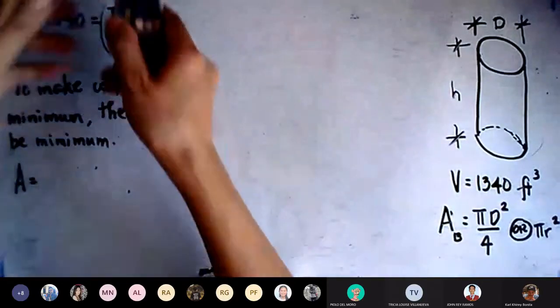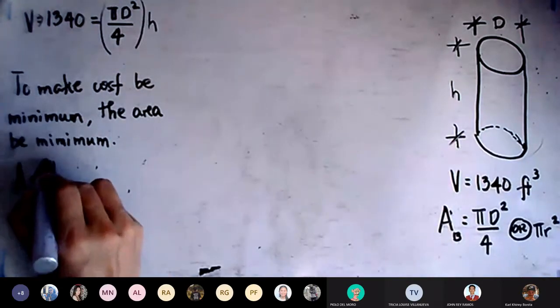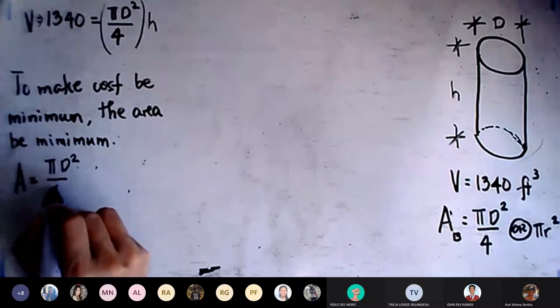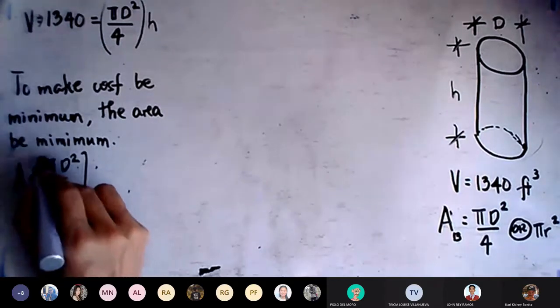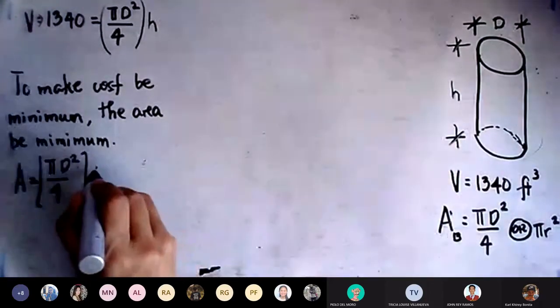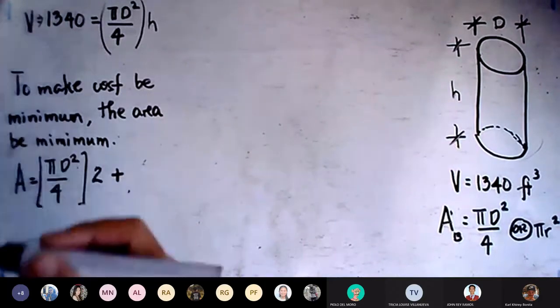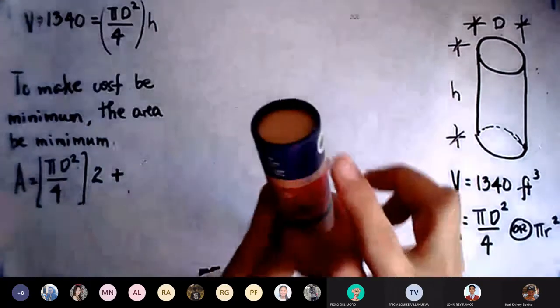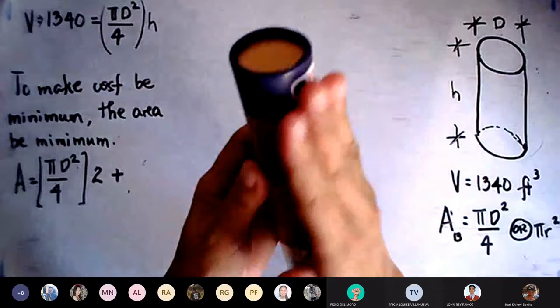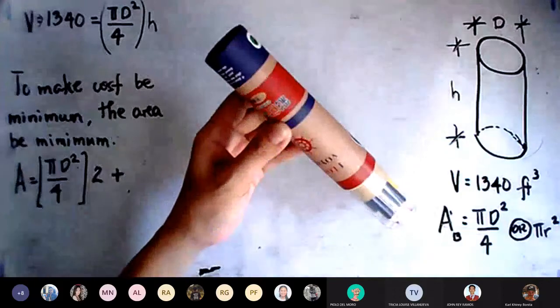So that would mean also that if you are going to set the area at a minimum, then we are going to use the area of the base, which is pi d squared over 4. But take note, there are two bases here, at the top and at the bottom. So we are going to multiply it by 2. Then we are going to add, as I have mentioned, the metal sheets that will be covering the entire side of the cylindrical container.